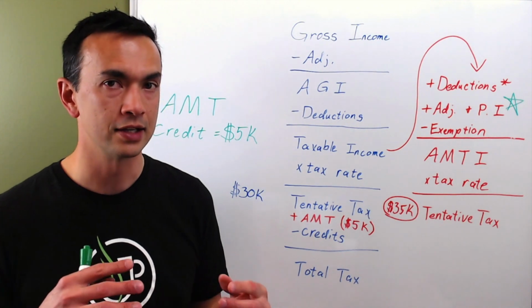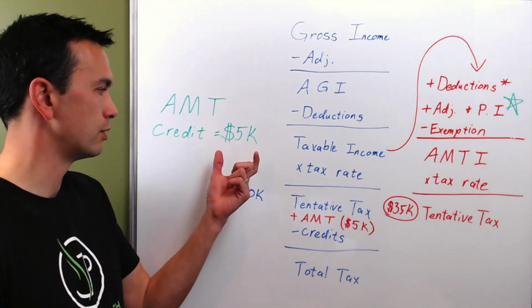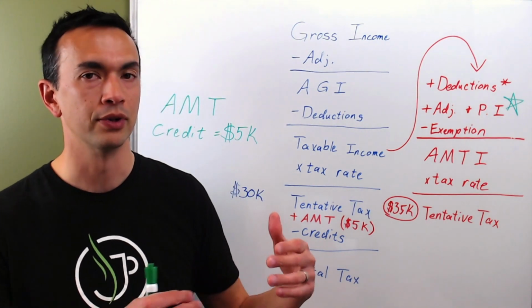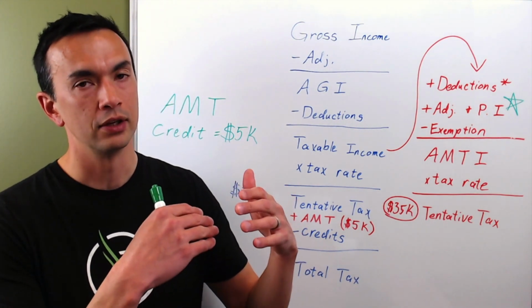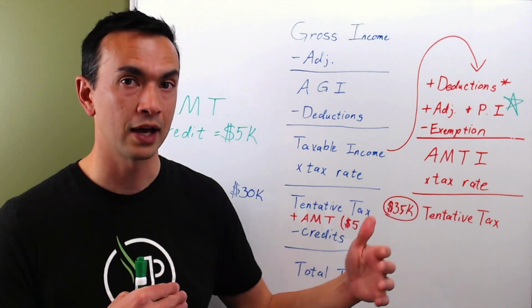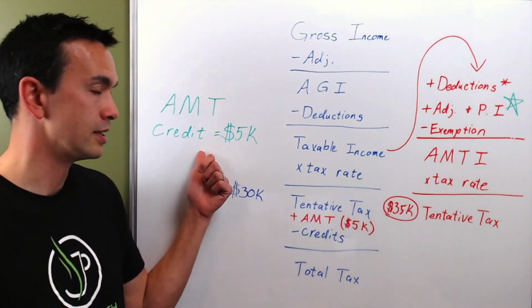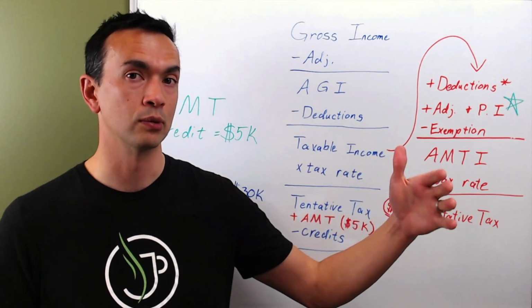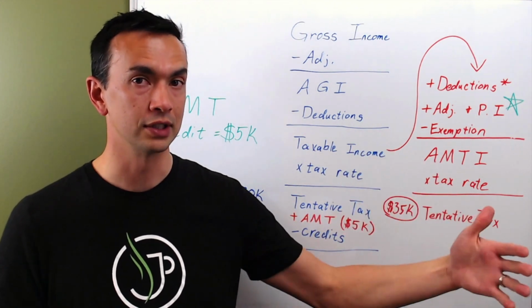Now, it's not as straightforward as just saying you can take that $5,000 and get it all back the next year. It's possible that it takes multiple years to get that credit back. But the nice thing is that this credit never expires, and so you're able to carry it forward indefinitely until you use it all up.